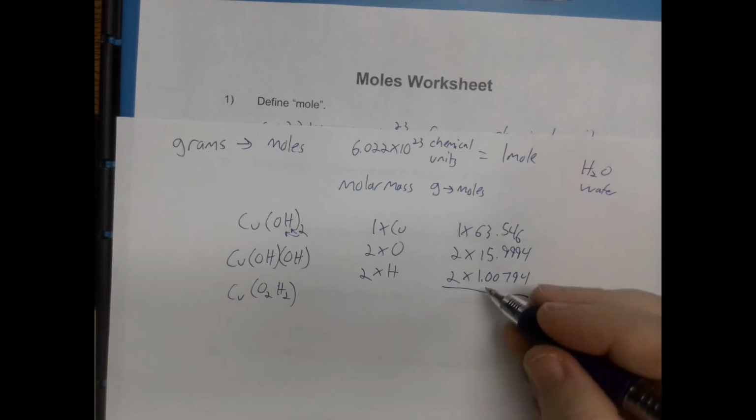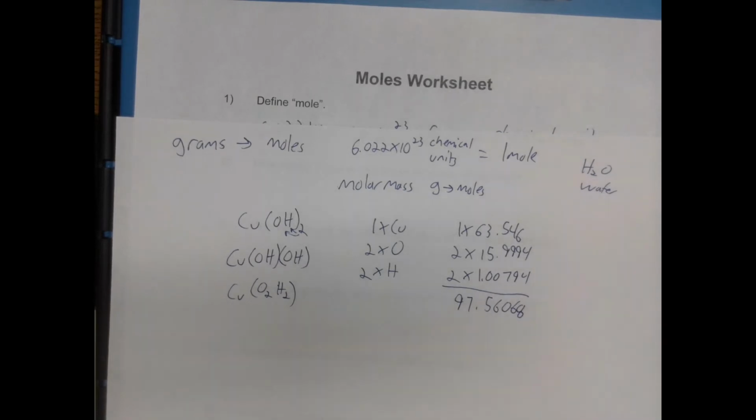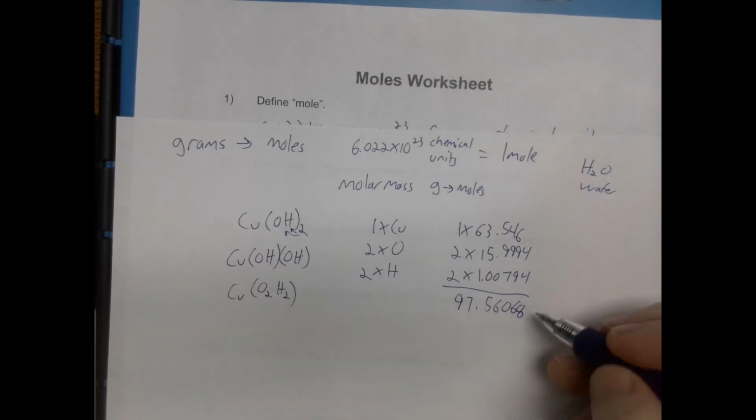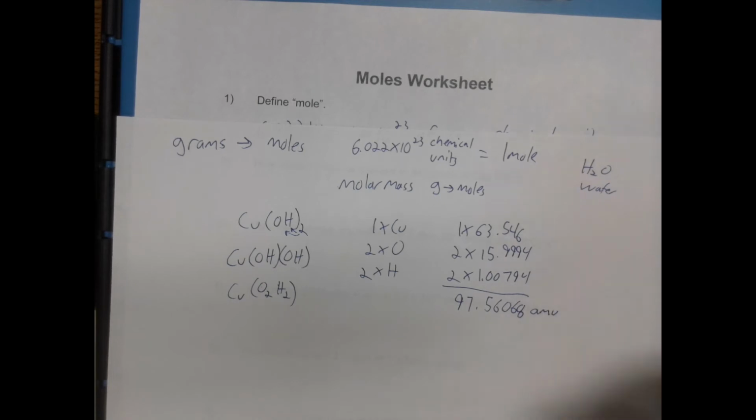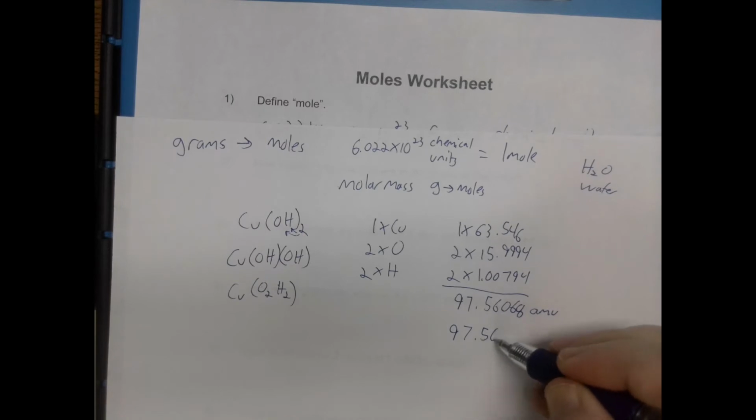Once you add all that up, it would be 97.56068. And remember that this is technically AMUs. But to convert between AMUs and grams per mole, we cross out the AMU and just write grams per mole, or molar mass.